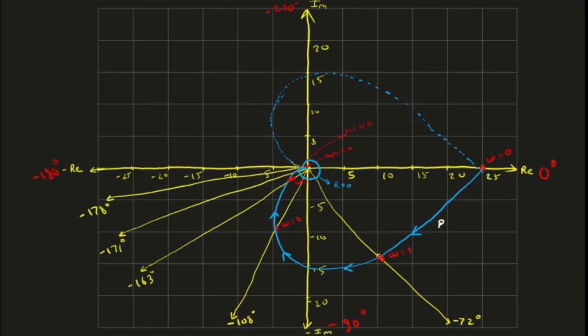So this is the graph for part 1, this is for part 2, and this is for part 3.